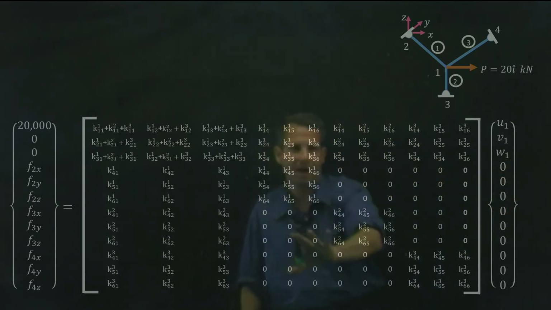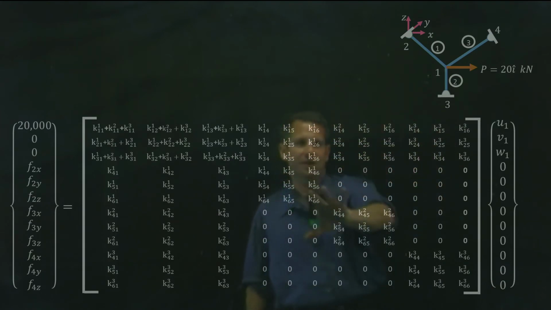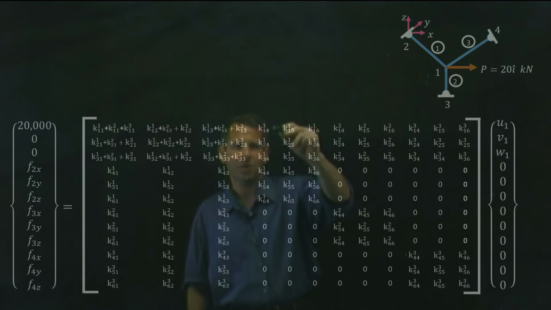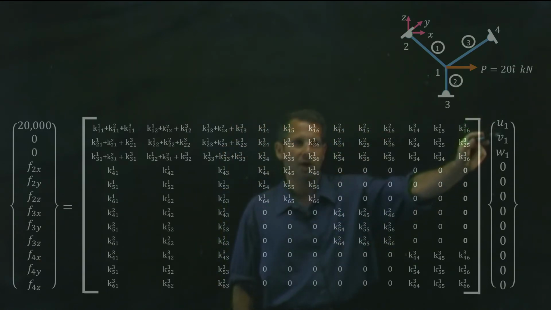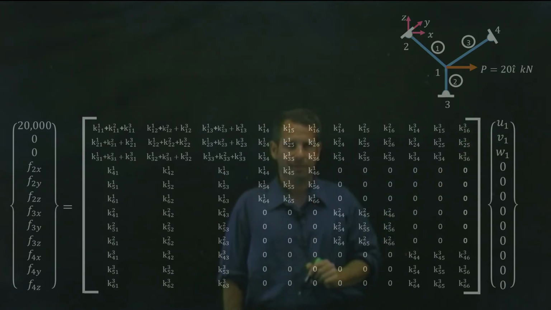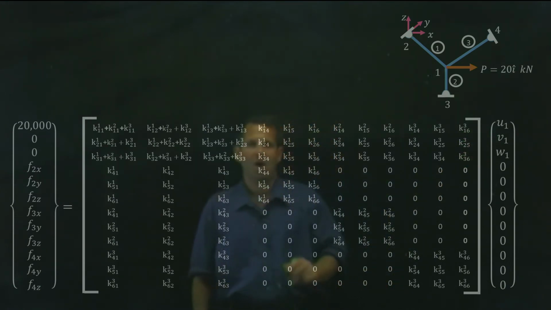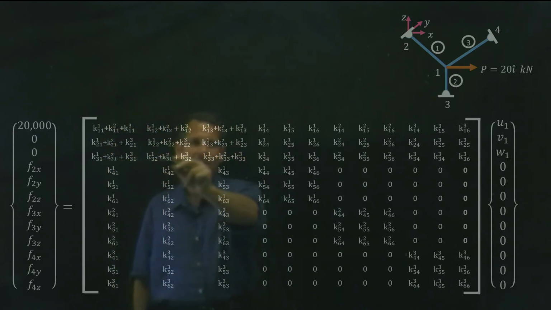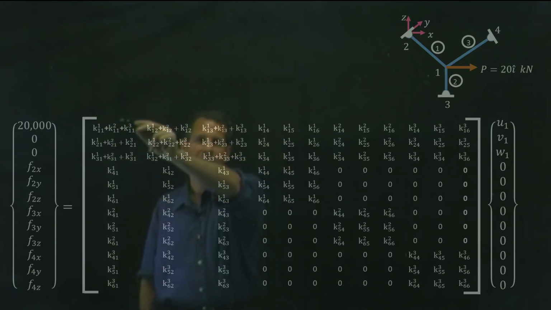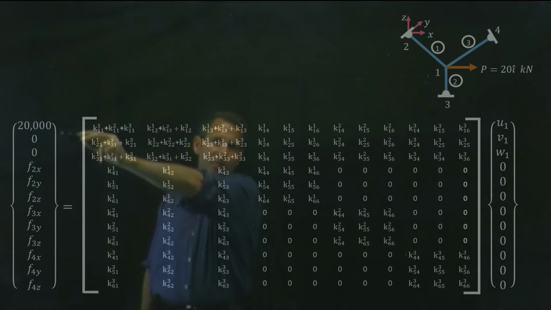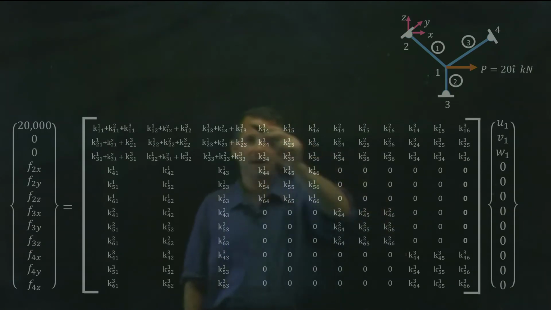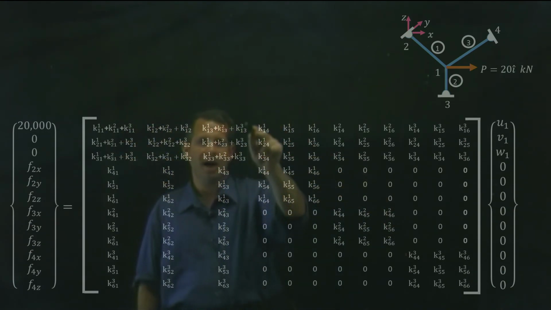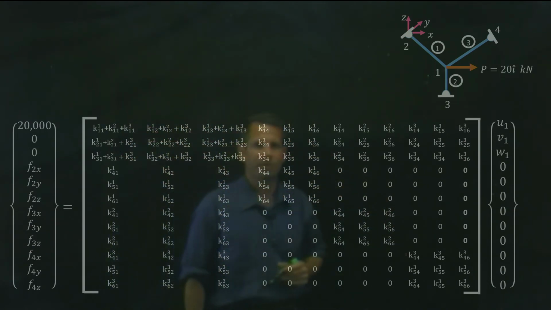So I don't get any interesting information from these columns. Also, only the first 3 equations, represented by the first, second, and third row, involve U1, V1, and W1. So I only need to look at this simple 3 by 3 system, represented by this vector with 20,000, 0, and 0, the unknowns U1, V1, and W1, and these 9 components of my global stiffness matrix.